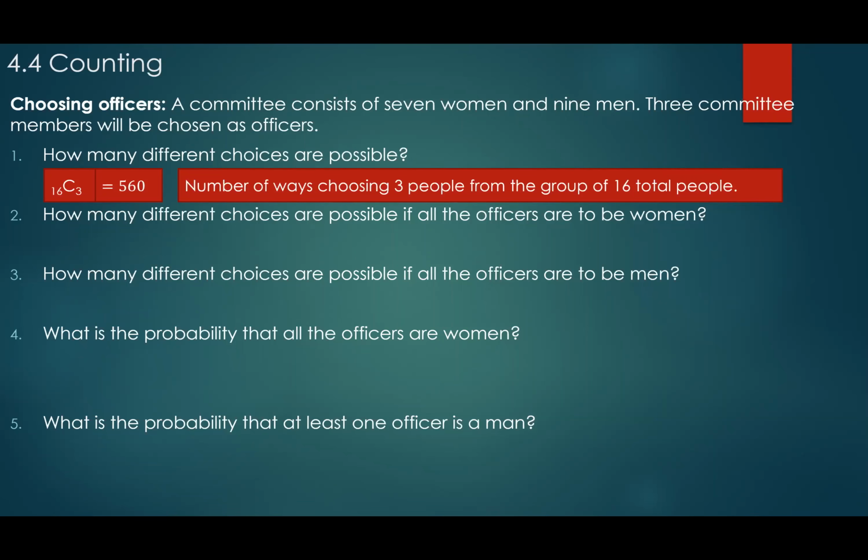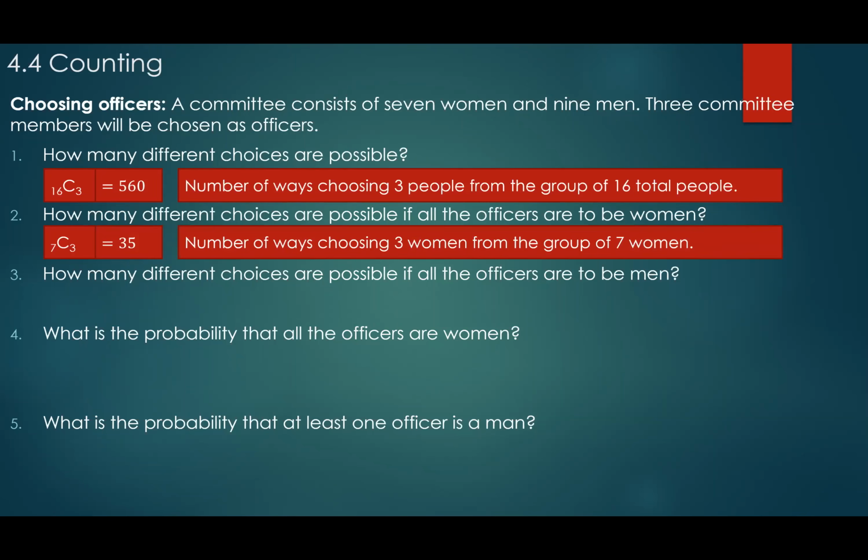So we're still using a combination, but we're just looking at the women, of whom we only have 7. So 7C3, which is 7 combination 3, using your calculator, gives us 35. This is the number of ways that we can choose 3 women from the group of 7 women alone. We don't care about the men.